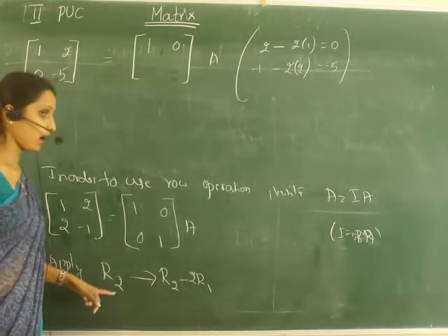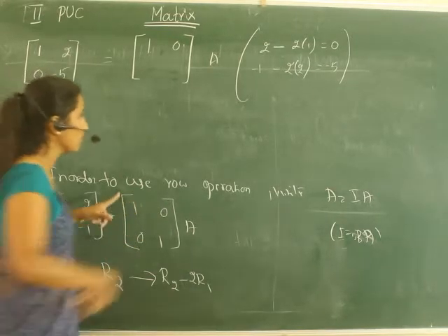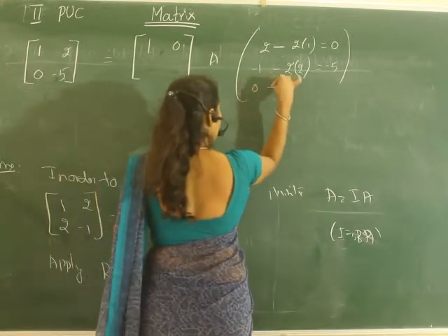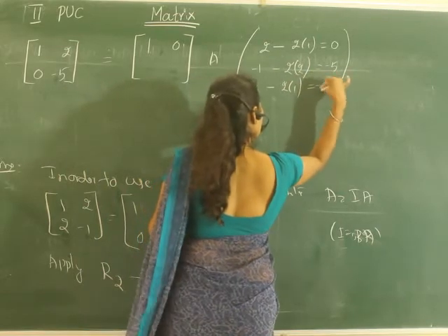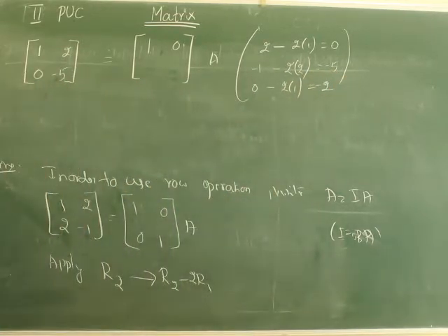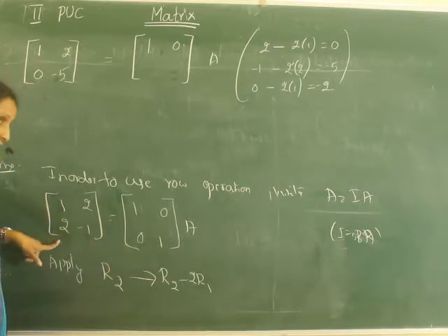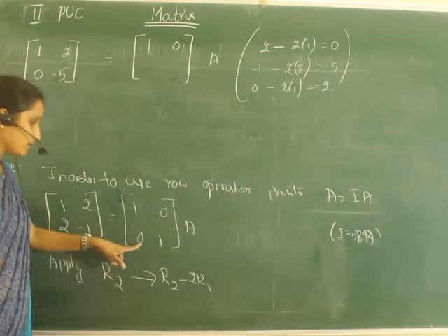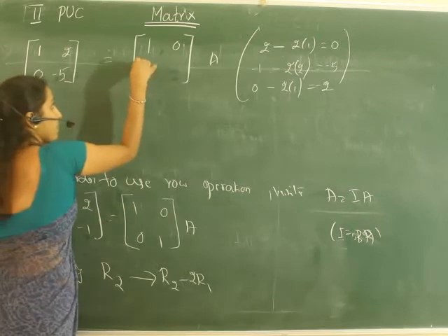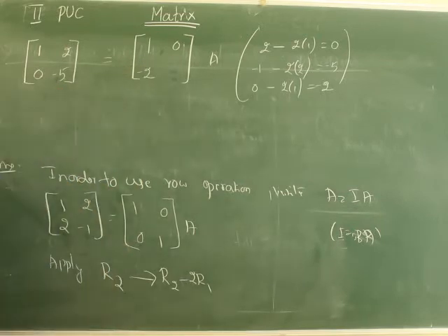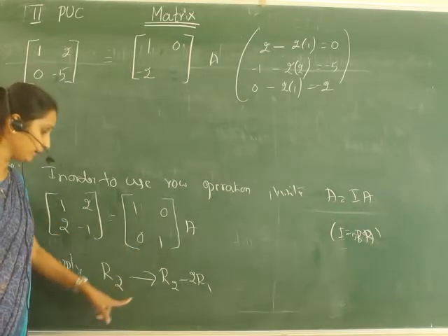Again the same operation: R2 changes to R2, 0 minus 2 into 1, which is minus 2. I am changing only R2, applying the operation only to R2.